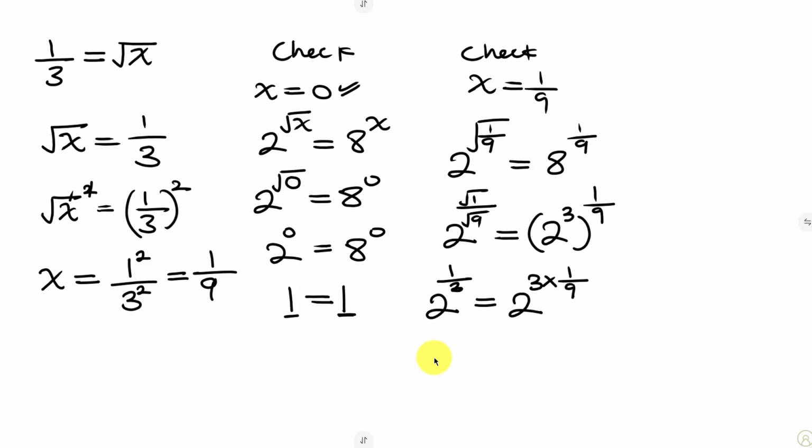So finally, we have 2 to the power of 1 over 3 on the left, which is equal to 3 times 1 over 9 is 1 over 3 here. So this is equal to 2 to the power of 1 times 1 is 1 all over the denominator 3. So we see that the left-hand side and the right-hand side are also the same, which shows that the value of x equal to 1 all over 9 is also a solution.